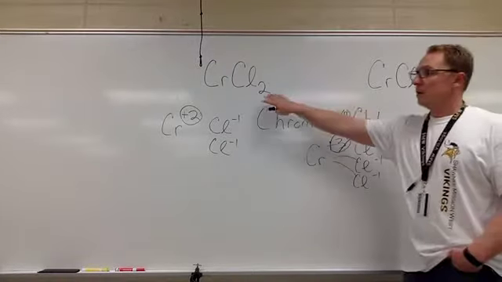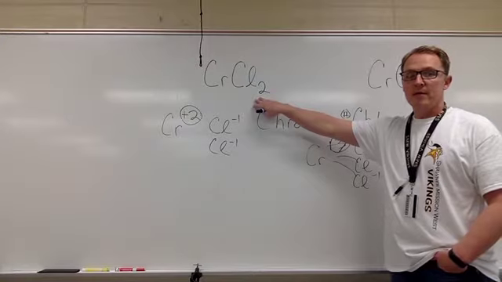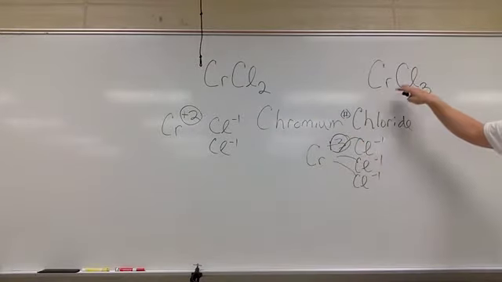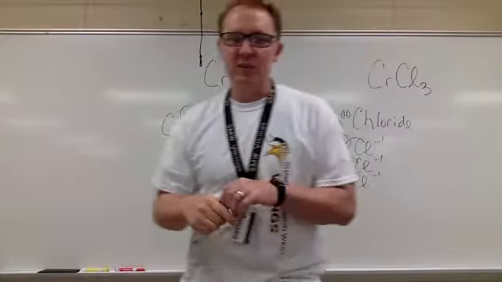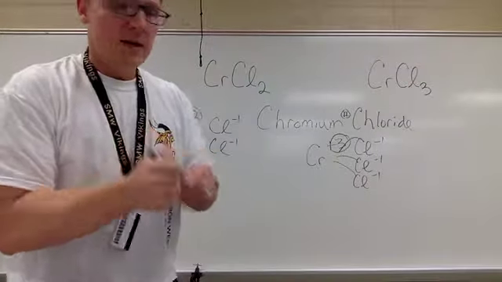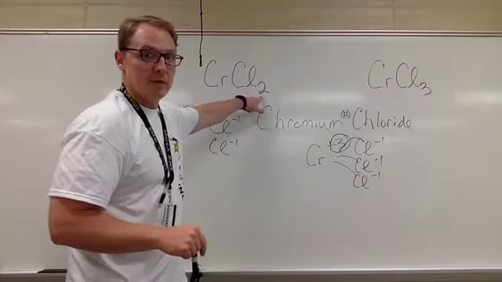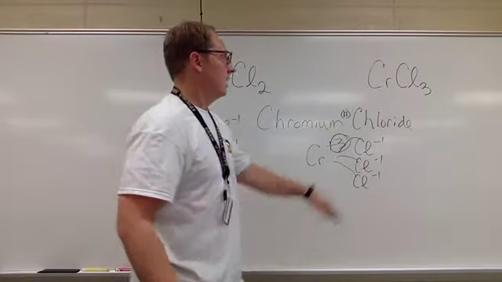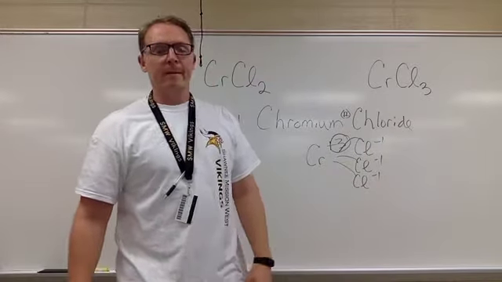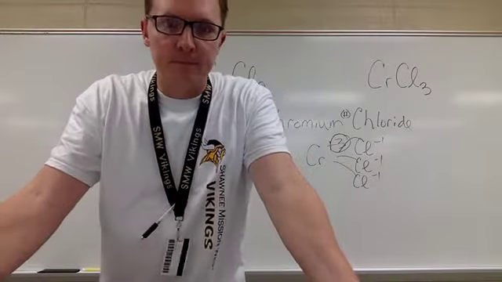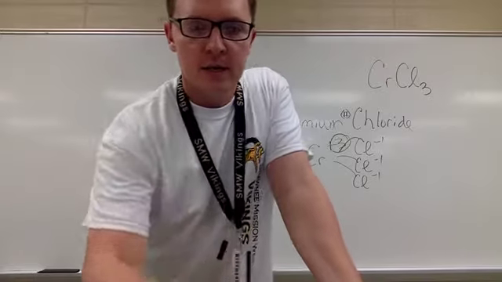So this is chromium(II) chloride, and this is chromium(III) chloride. All right? Please don't make the mistake of thinking that, just because in this one example this was the 2, so we made the Roman numeral 2, and this one has a 3, so we made the Roman numeral 3, that it always works out that way, okay? If you've got questions, send me an email.